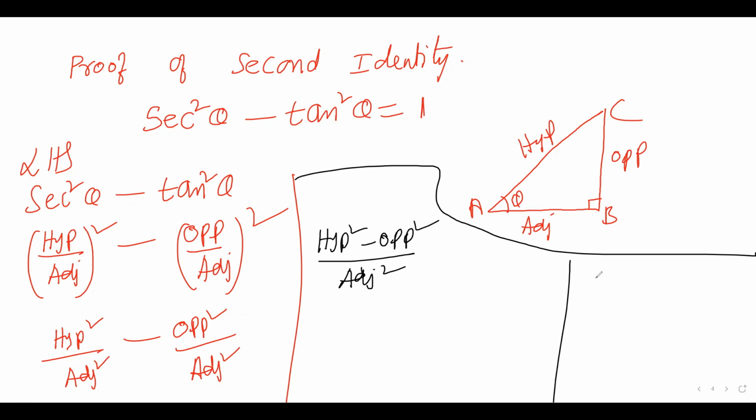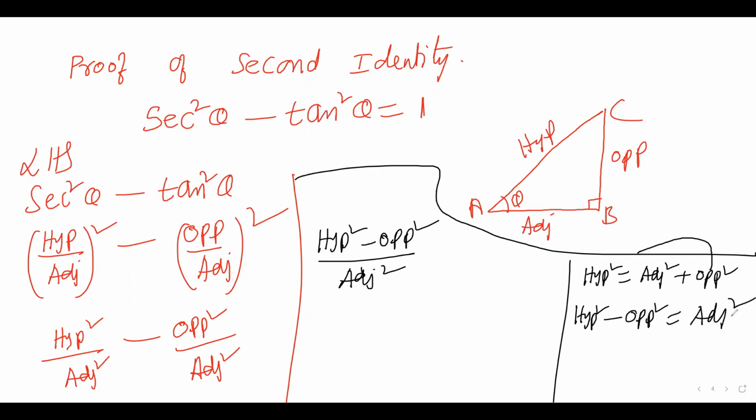What is Pythagoras theorem? Hypotenuse square is equal to adjacent square plus opposite square. On transposing opposite to other side, what would you get? Hypotenuse square minus opposite square is equal to adjacent square. So hypotenuse square minus opposite square is nothing but adjacent square. Adjacent square by adjacent square is equal to 1.